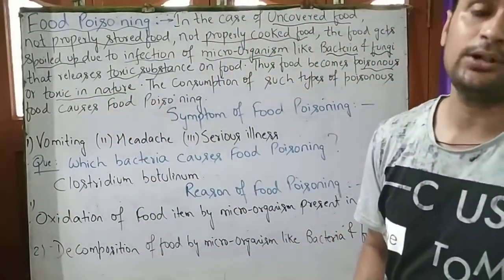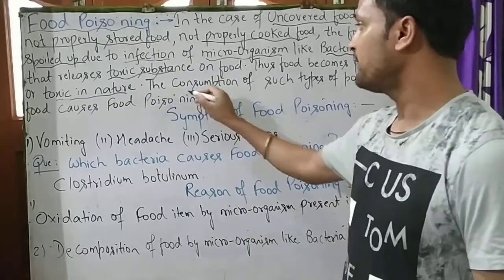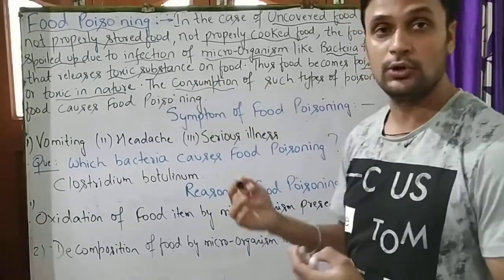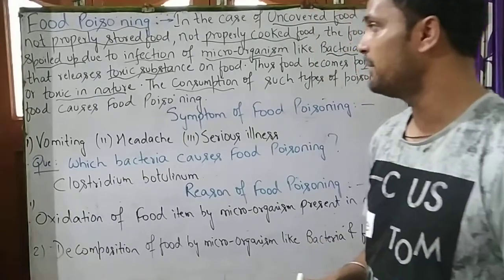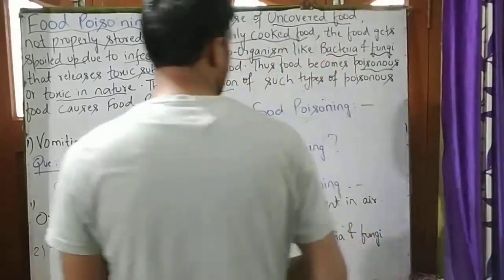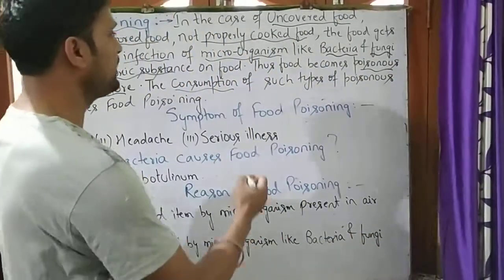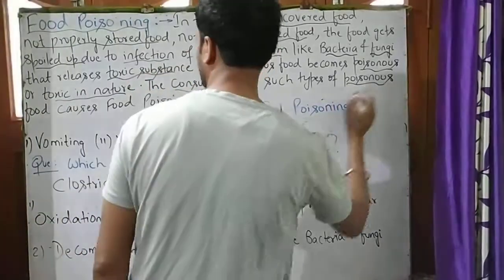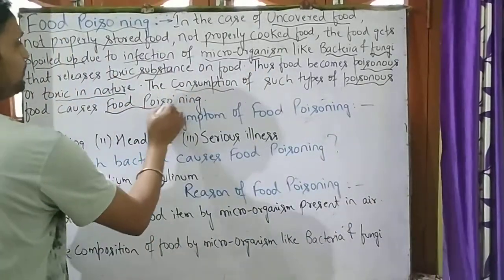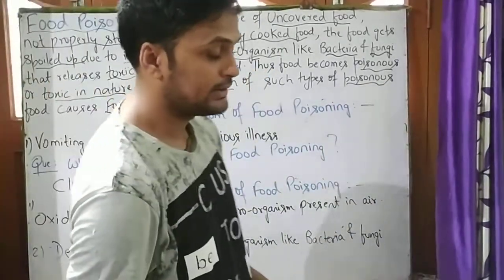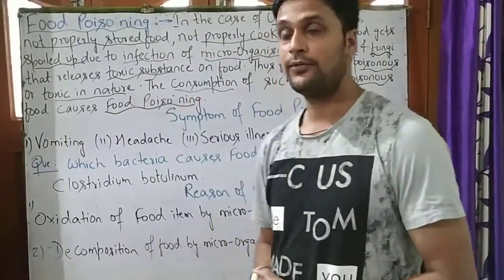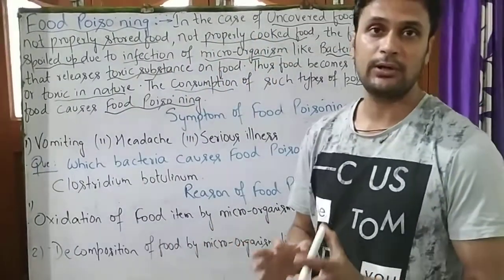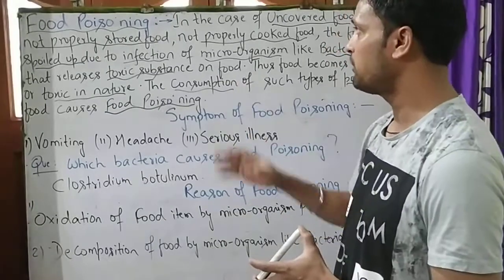If we consume such kind of food, then we become ill, and such poisonous food leads to food poisoning. Thus we can say a person is suffering from food poisoning. So what is food poisoning?